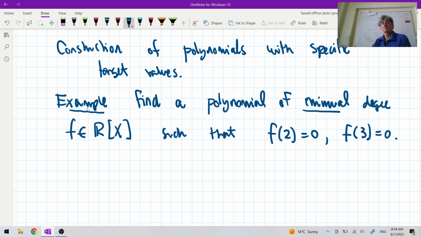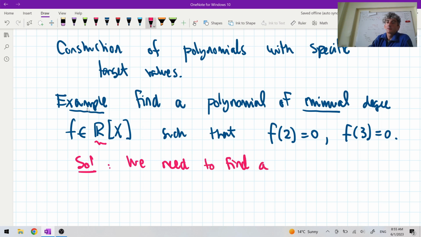Okay, solution. We need to find a polynomial with real coefficients that has 2 and 3 as roots. Real polynomial with 2 and 3 as roots.